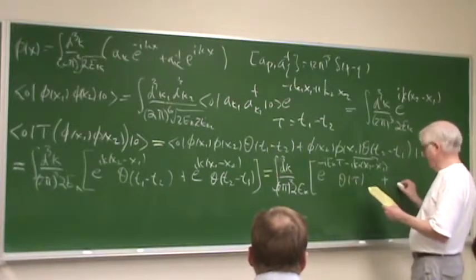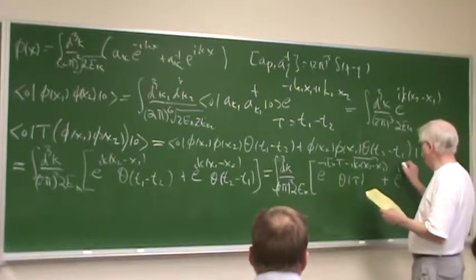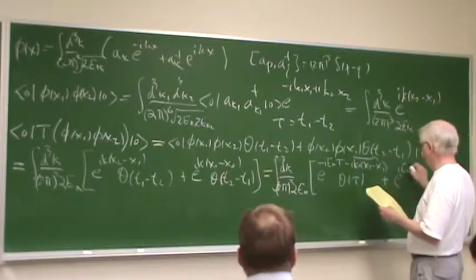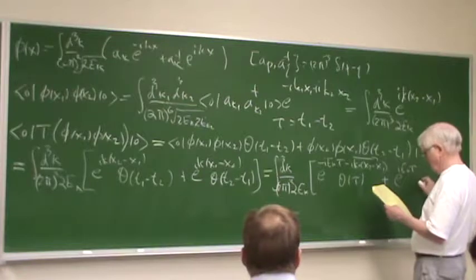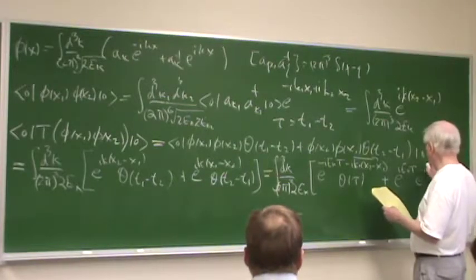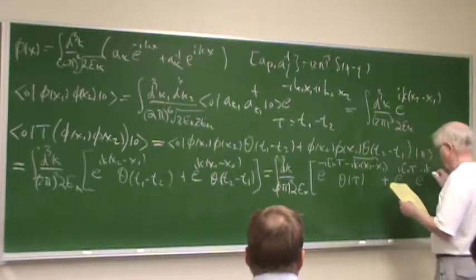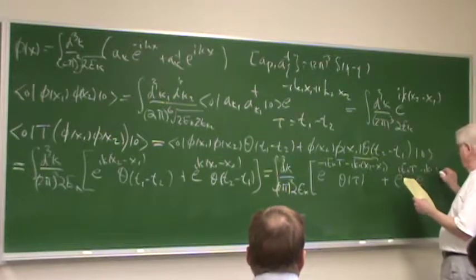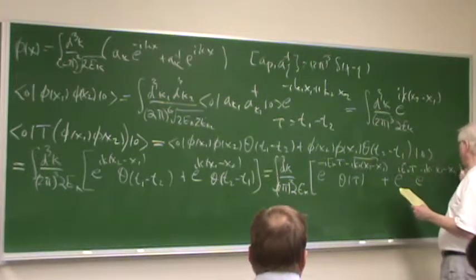And then the next term is e to the i ek tau, e to the minus i k dot (x1 minus x2).